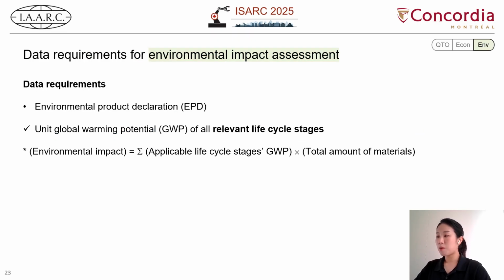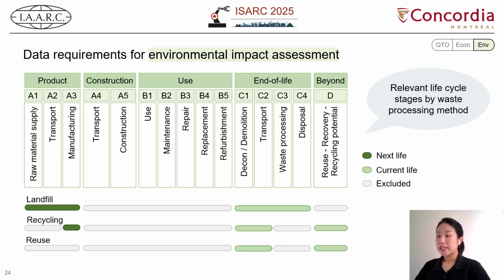In addition to economic cost, the environmental impact should be evaluated. We need environmental product declarations, in short EPDs, that include the unit global warming potential of all relevant life cycle stages. Here we define the relevant stages. Since our interest is waste diversion, we focus on the current end-of-life and beyond phases.